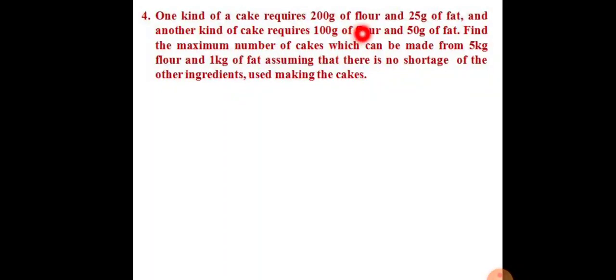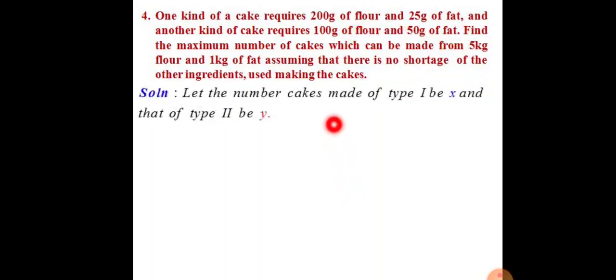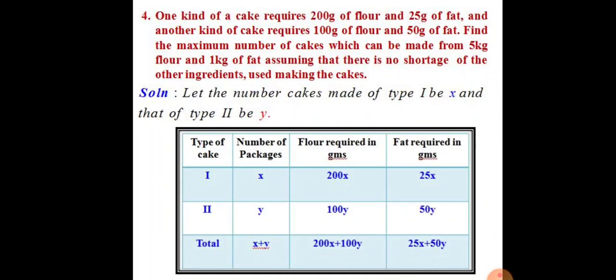Okay, here we have two items, flour and fat. Let us consider the number of cakes made of type 1 be x and type 2 be y. By using this data, we have to construct a table. Here we have two types of cakes, type 1 and type 2. Flour and fat are both in grams.